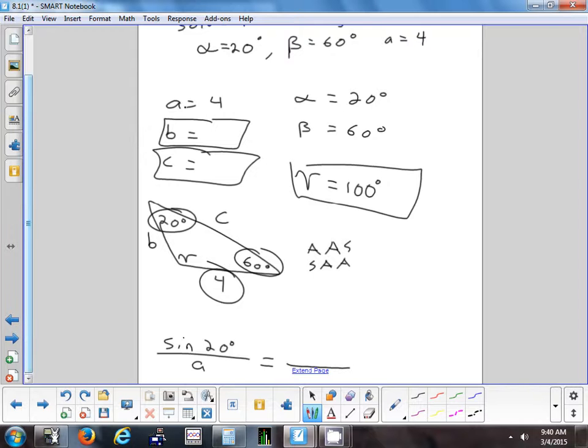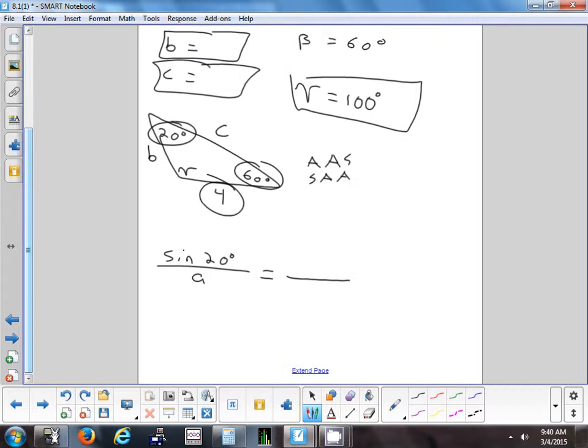Yeah? Would it be beta? More than just beta. 60? More than just the 60. Okay? Sine of 60. So it's sine of an angle divided by a side equals sine of an angle divided by a side. Okay, and what side would go in the bottom? B.